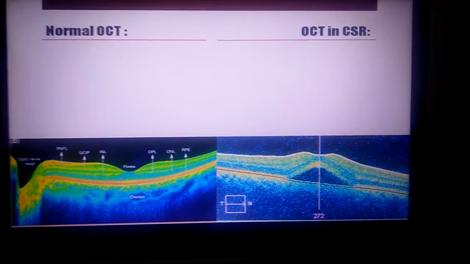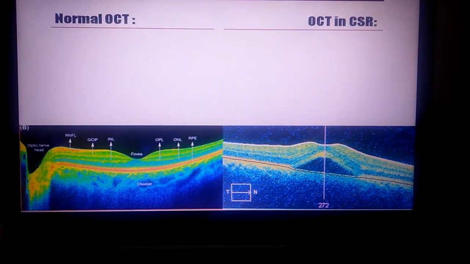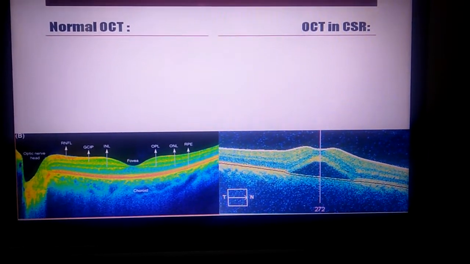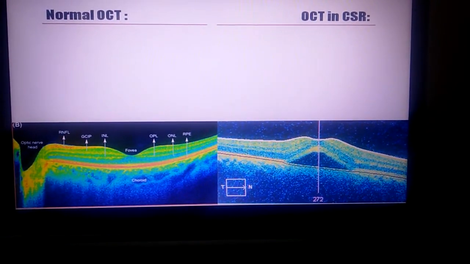Friends, suppose a patient has a report of OCT, the optical coherence tomography. With the report of OCT, you can differentiate a normal OCT and an OCT with CSR.